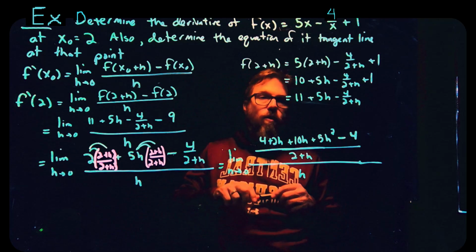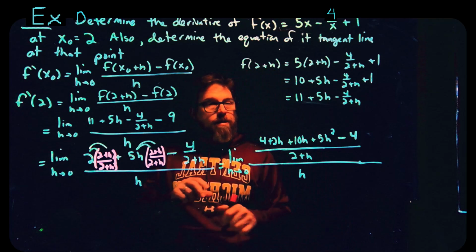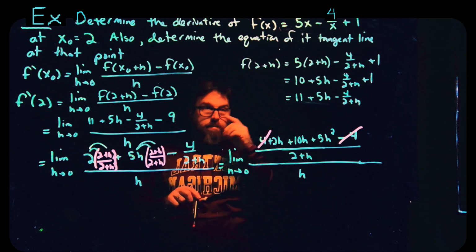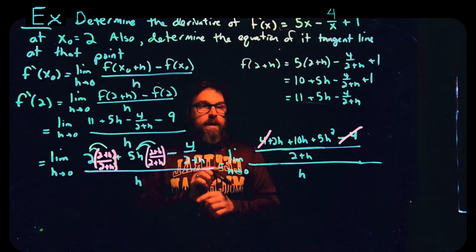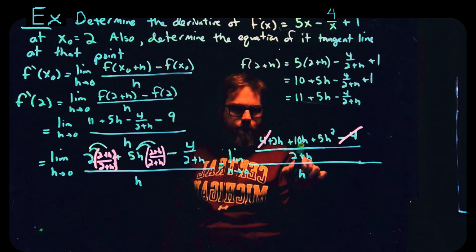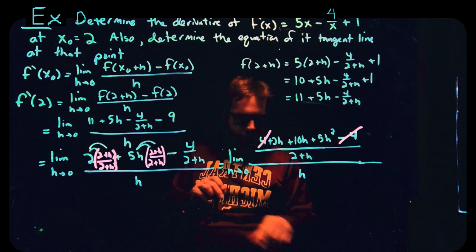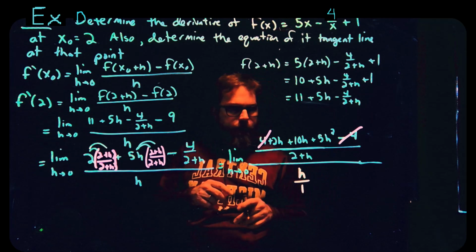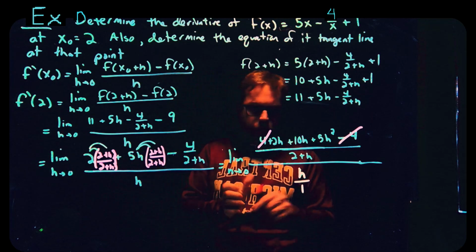So we'll clean up this numerator first, and we can see that, well, look at this, the 4's go away. Now, this complex fraction, which is this fraction over this h, is really this h over 1, and we're doing this division here.